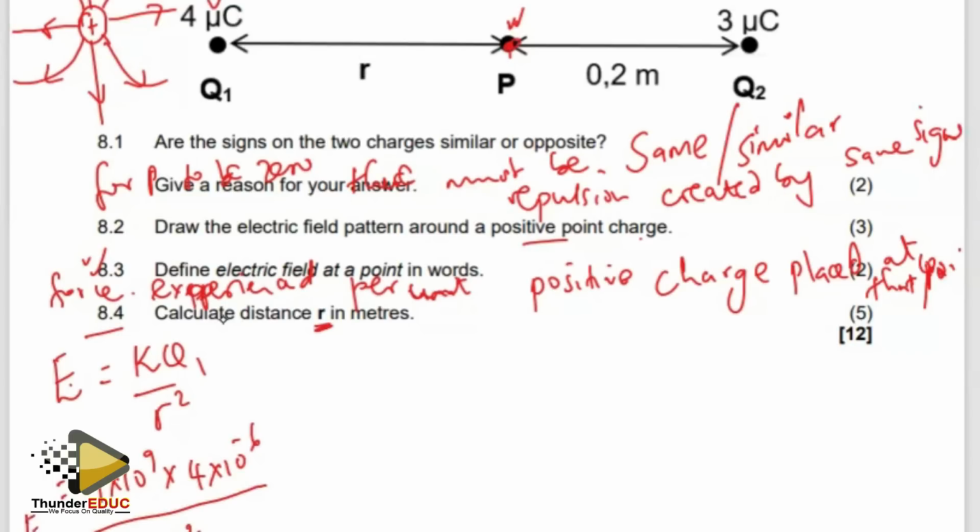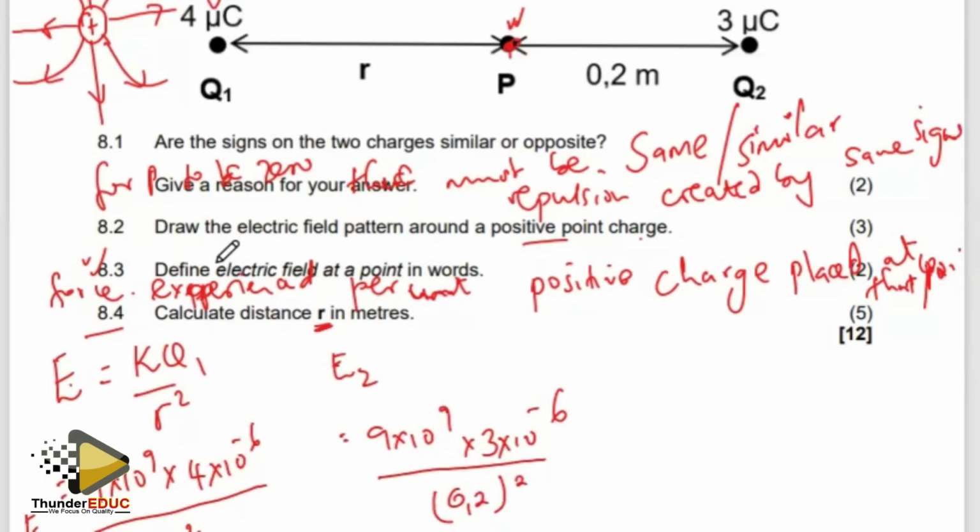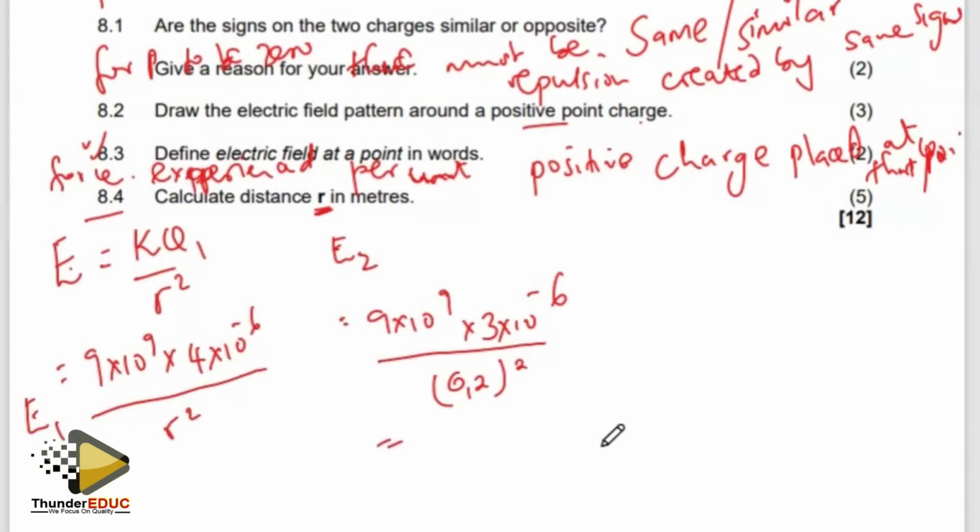That is E1. Then I'll also look for E2 using the same formula. So 9 times 10 to the 9 times 3 times 10 to the negative 6, dividing this by 0.2 squared. Remember, the signs are the same, so they are acting in opposite directions.